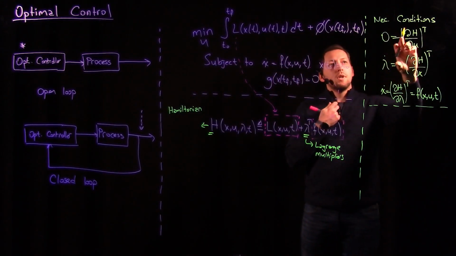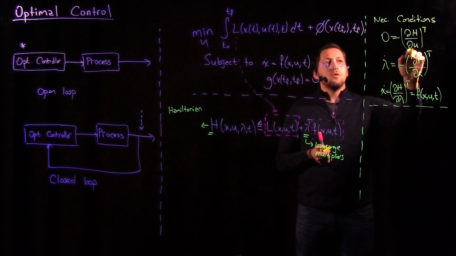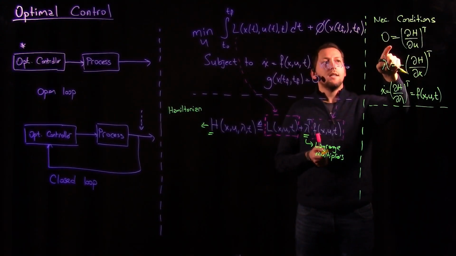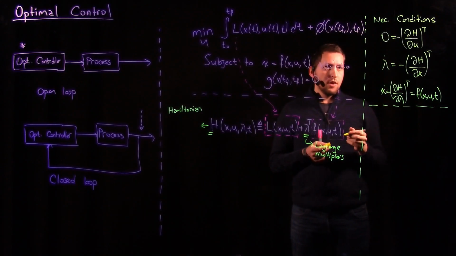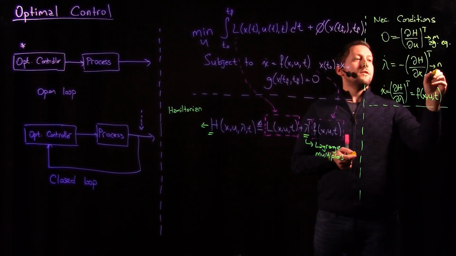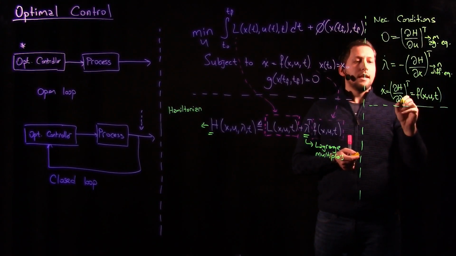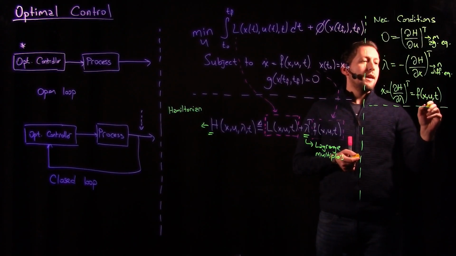And the rest we basically use to derive the optimal u control value. So, for example, this provides m algebraic equations. This one provides n differential equations. And again, this one provides n differential equations.